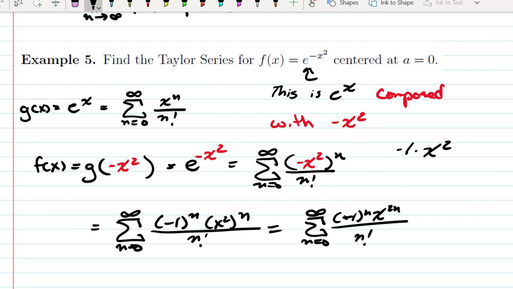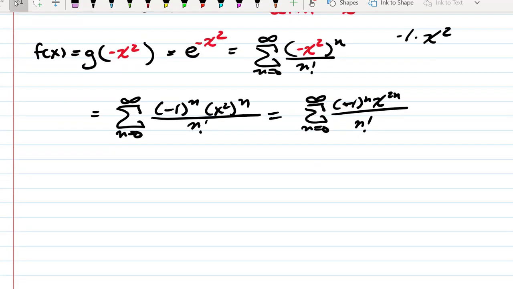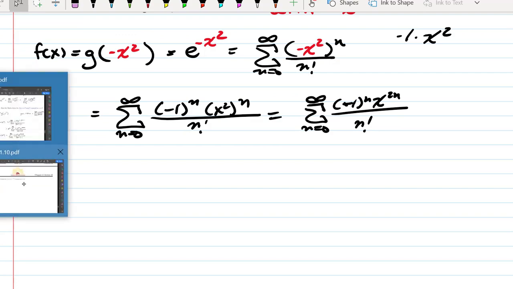And that would be the Taylor series for e to the negative x squared centered at a equals 0.